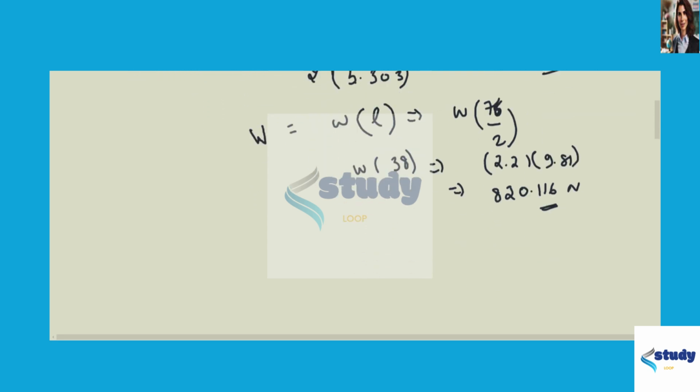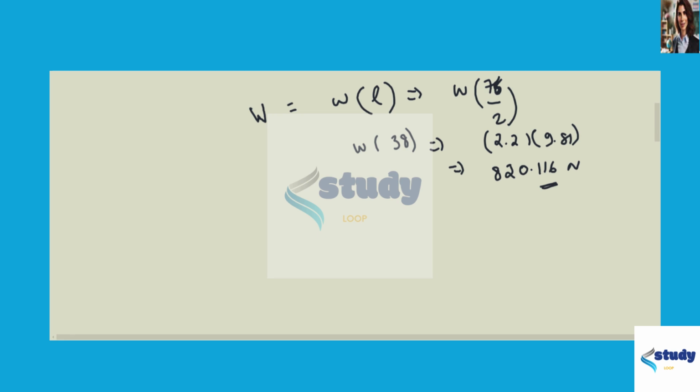This T naught is acting in the horizontal direction, W in the vertical direction. The resultant of these will be the maximum tension in the cable.